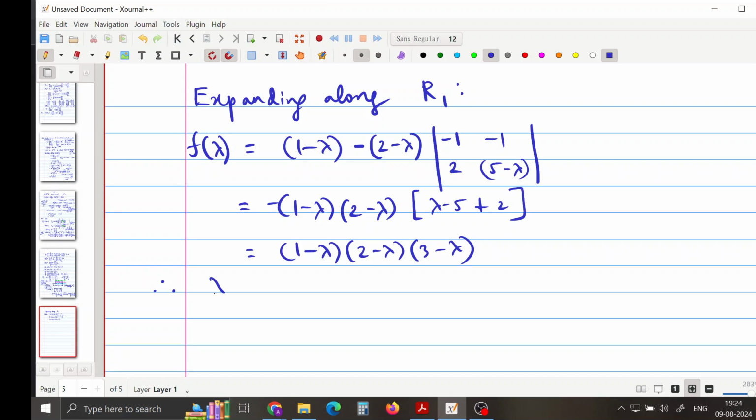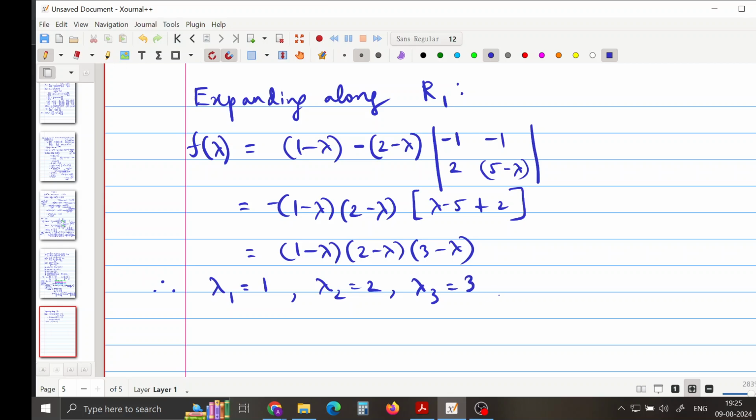So I'm calling it lambda 1 for the first eigenvalue, which is 1. Lambda 2 is 2, and lambda 3 is 3.